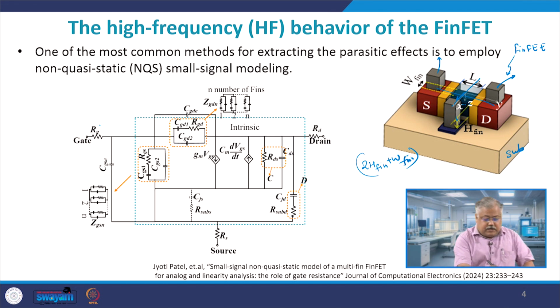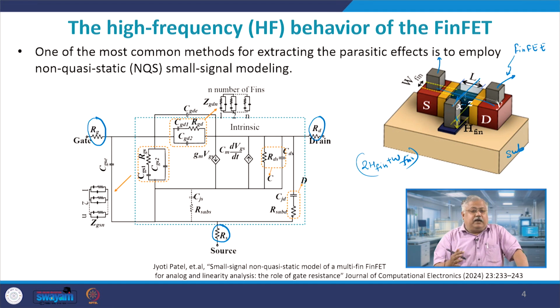So this is a gate resistance, the resistance between the gate and the channel. This is the drain resistance, this is the source resistance. These three resistances are extrinsic resistances which are not exactly part of the device itself; they are extrinsic in nature. Next, let us look at this orange line. This is CGS1 and we have RGS.